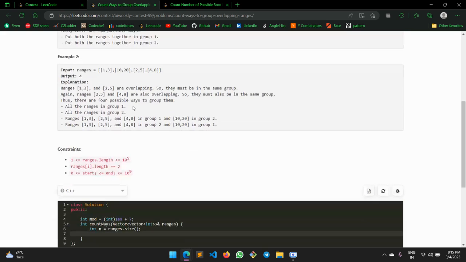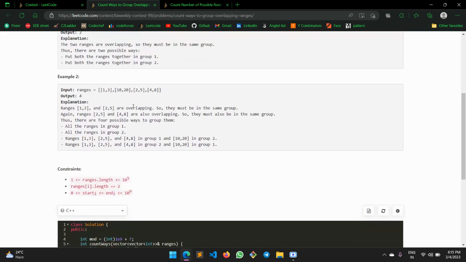Okay, so what we will do is we'll find the number of connected components, one, two, three, and we can do nCr, right? Because can we do combination here? We actually have to divide them into two groups.